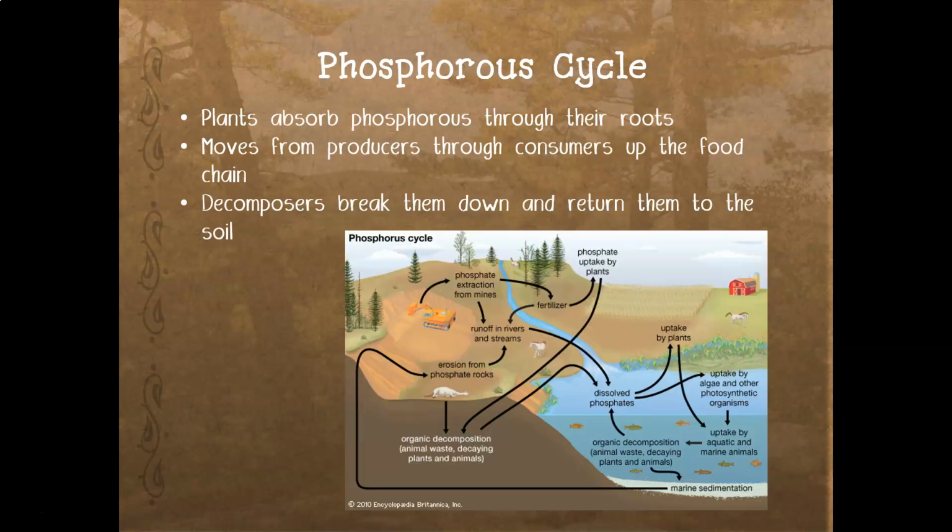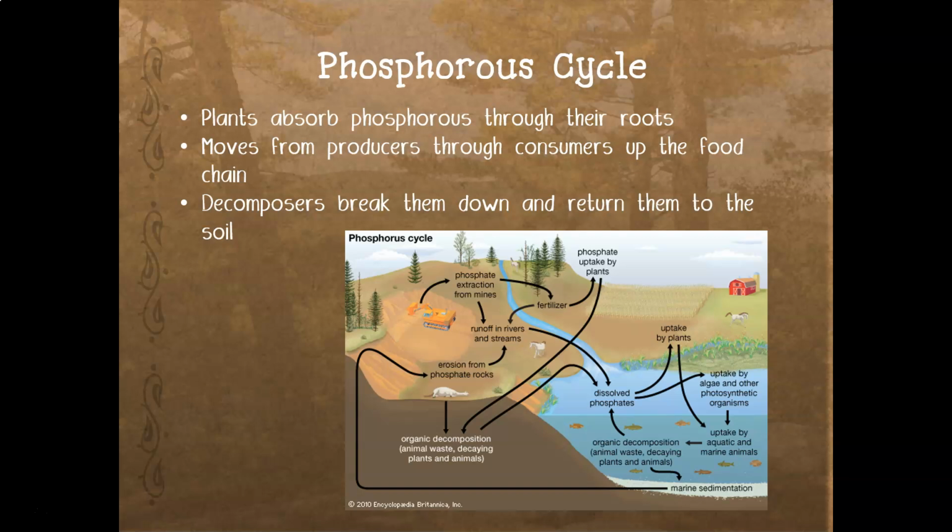So plants are able to absorb that phosphorus through their roots. They'll take it out of the soil and they will then be able to incorporate it into molecules like ATP and like their genetic material. And as those producers get consumed up the food chain and other consumers get consumed up that food chain, that phosphorus then gets moved through that food chain via those feeding relationships.